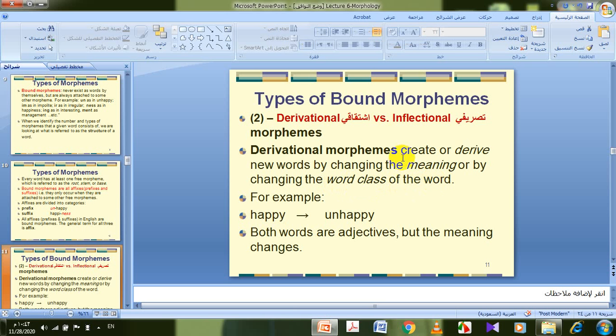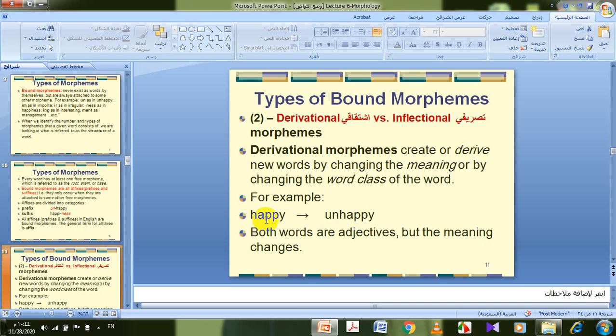So two important ideas are to be covered here. Derivational morphemes change the meaning of the word. Number two, they change the word class. For example, happy, unhappy.